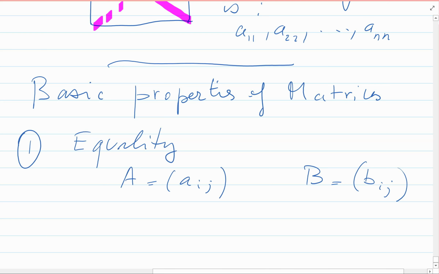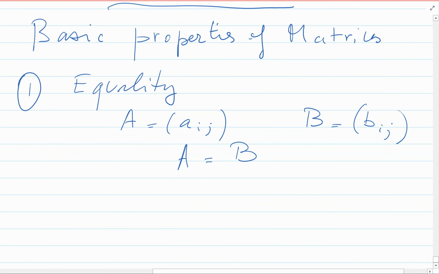Two matrices need to have the same characteristics, the same information. So they have the same size, both n by n, for example. So what does it mean that A is equal to B? This means that all the entries are the same. Aij equals Bij for any i and j. So all the entries are the same.